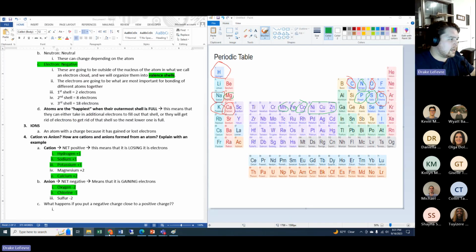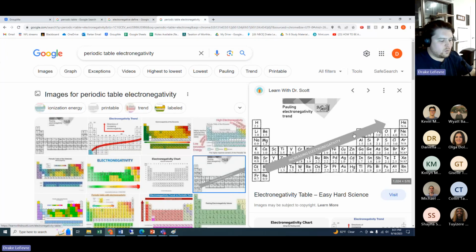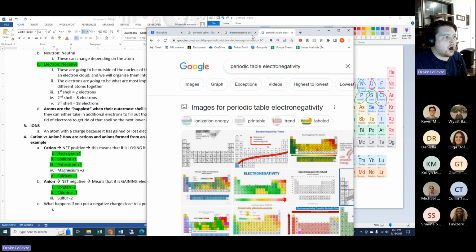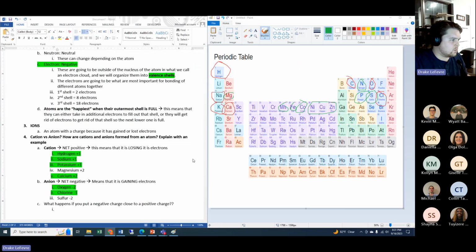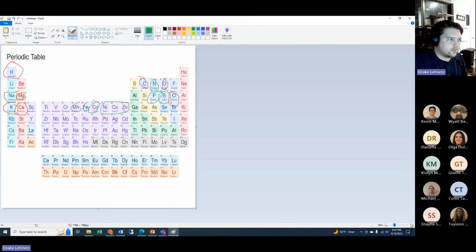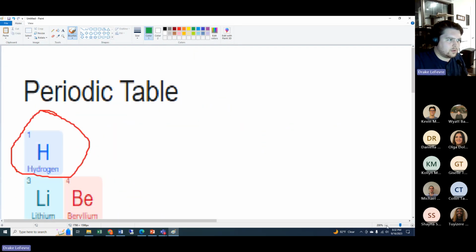The reason why that happens has to do with the specific energy levels, the pull that the protons have on the electrons when they're in their valence shell. So, for example, let's look at fluorine, as to why it's technically the most electronegative out of all of them. So fluorine, let's see this.